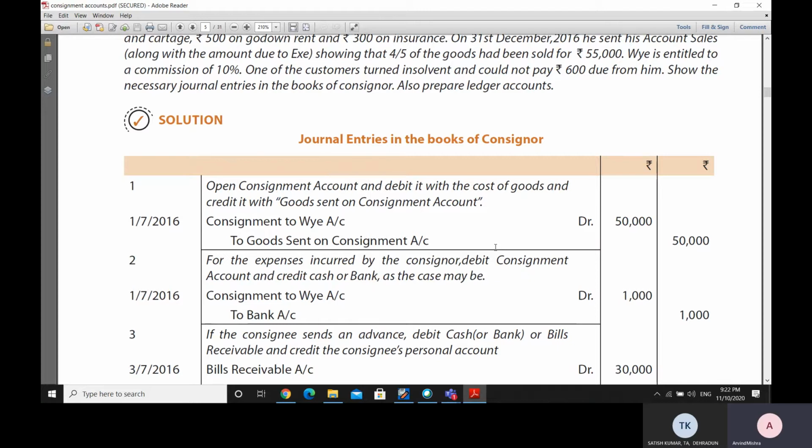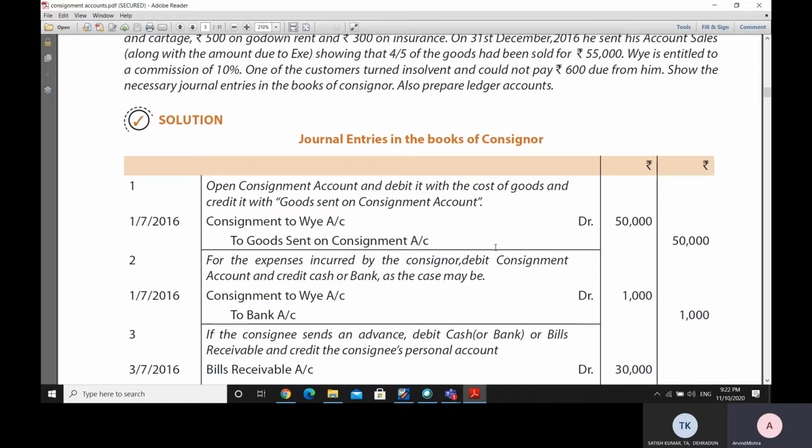And now these goods which were earlier purchased by X are being sent on consignment basis to Y. So therefore, when they are sent to Y on consignment basis, first what we will do is we will put them out of the purchase and therefore we will put them in the goods sent on consignment account.